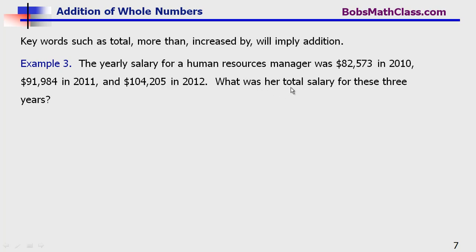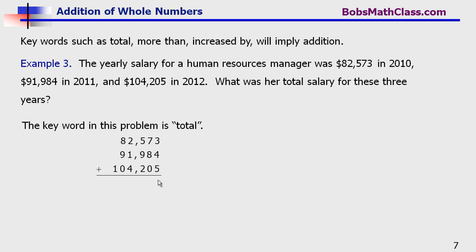So what's the operation here? Well, first of all, we're doing a section on addition. So unlikely that we would have a subtraction problem. And the key word here is total, or total salary. That indicates addition. So we're going to add the 3 years of salary.